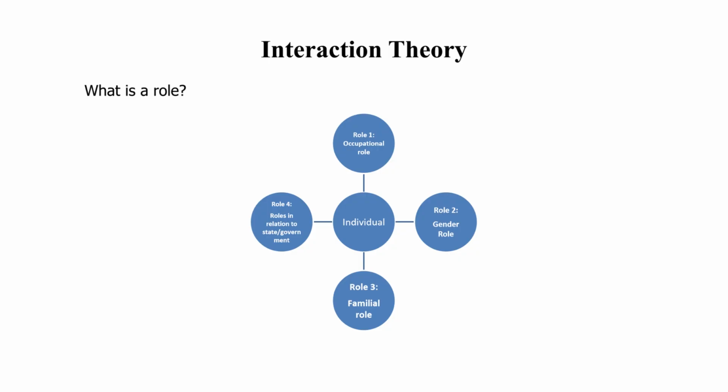It can be a gender role of being female, male, transgender, intersex, or transsexual. It may be of a professional or occupational role of a teacher, doctor, company manager, or a railway pilot. It can also be the roles we fulfill as citizens of a country.